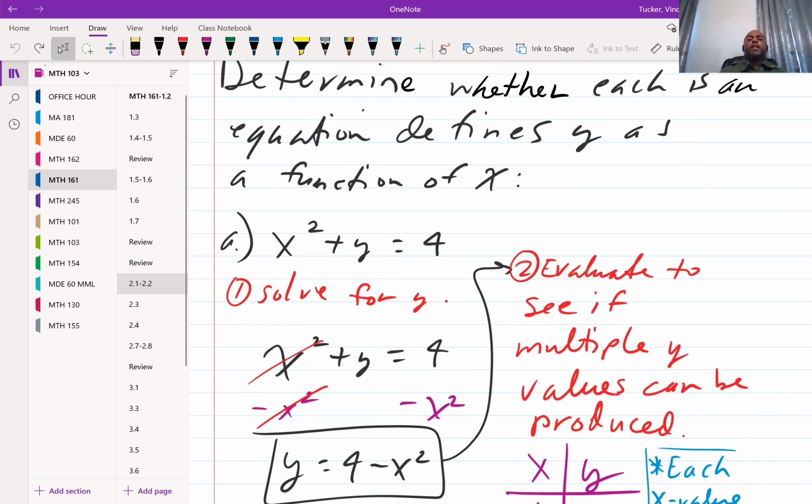Next step, we want to evaluate to see if multiple y values can be produced by one x value. I probably should say by one x value, so I'm going to put that in there. So evaluate to see if multiple y values can be produced by one x value.